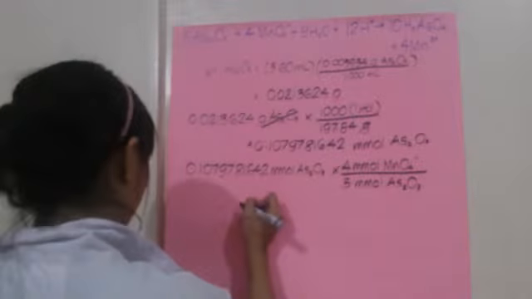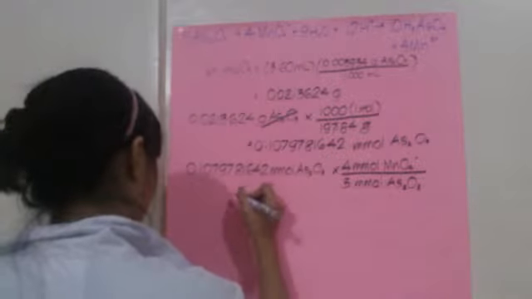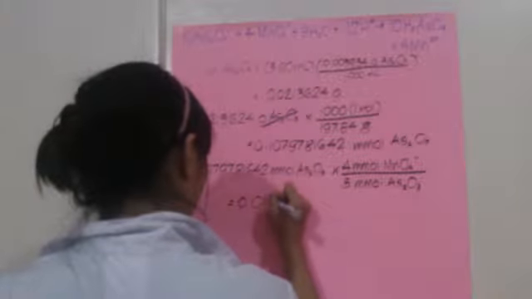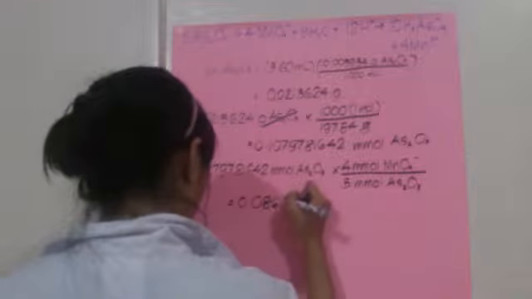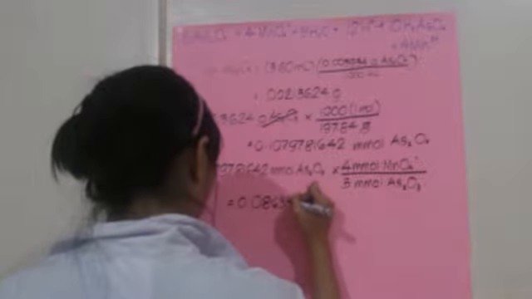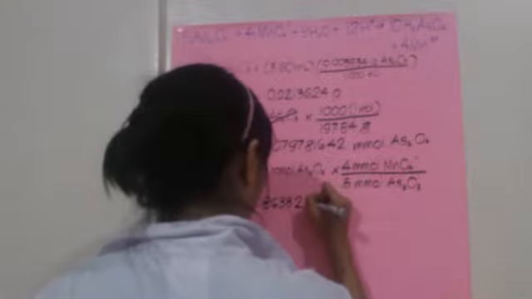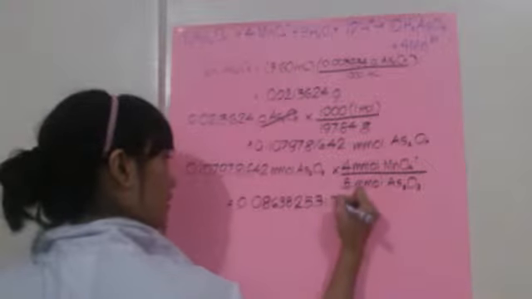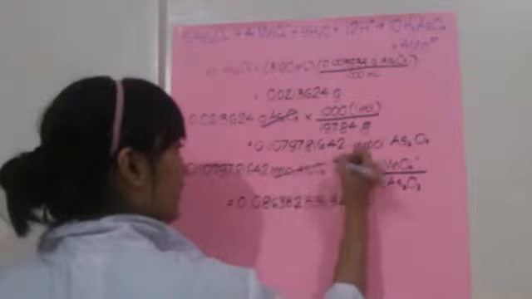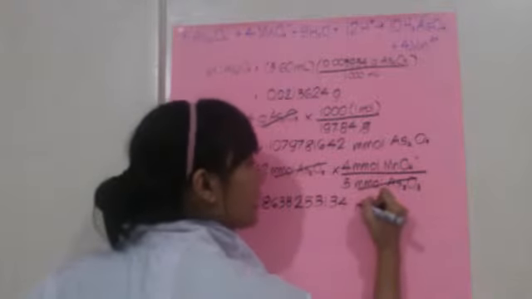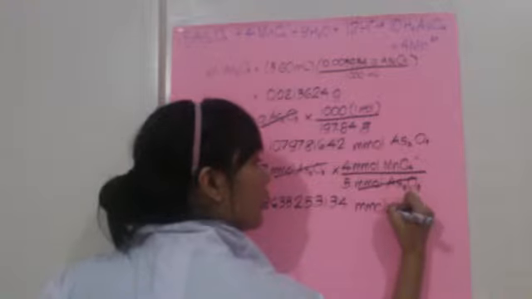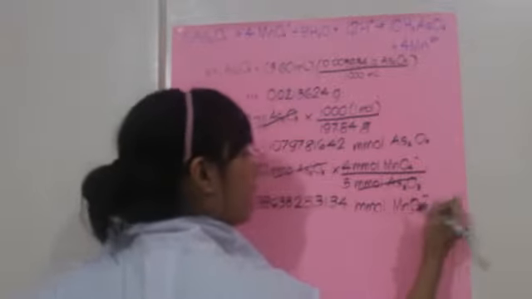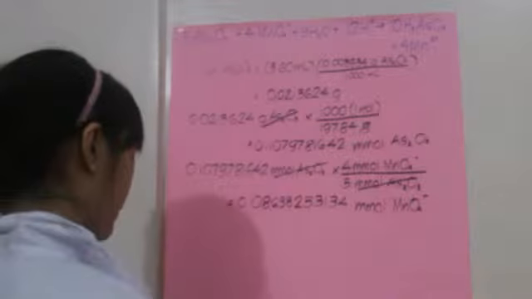Then calculating this, we would get 0.0 and after cancelling, you will get the millimole of MnO4 minus. There you go.